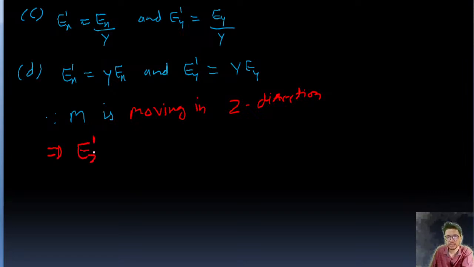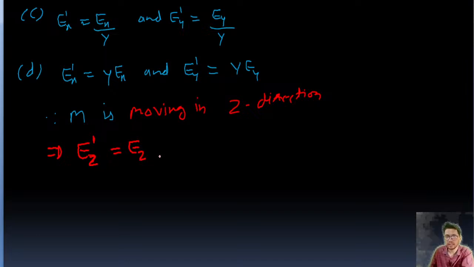Since M is moving along the z direction, Ez dash equals Ez. It means the z component of the electric field with respect to M is equal to the z component of the electric field with respect to S. So E dash z equal to Ez.